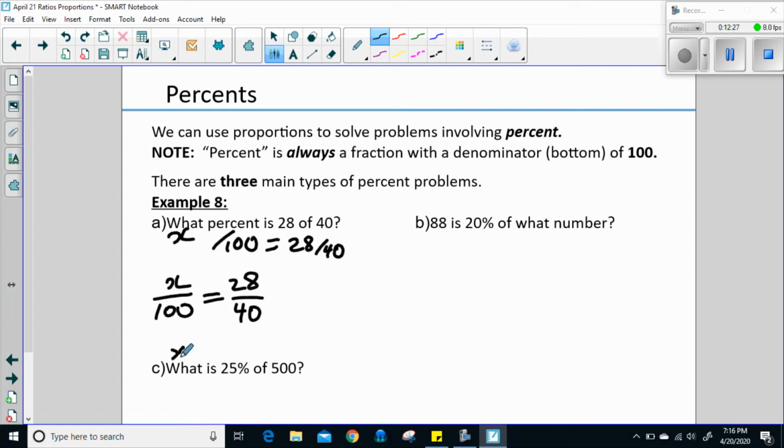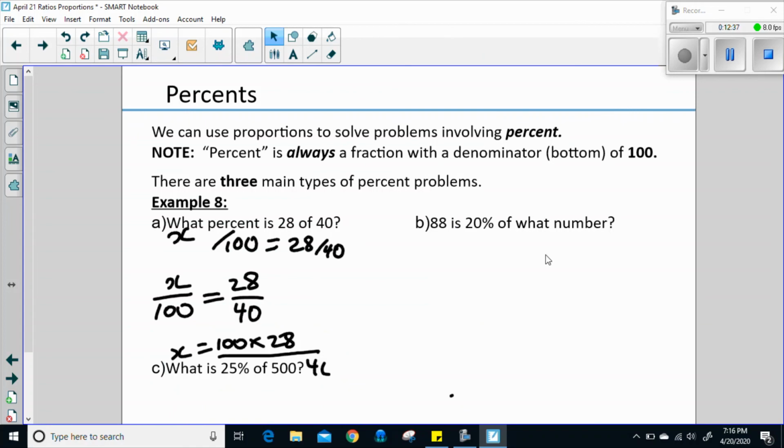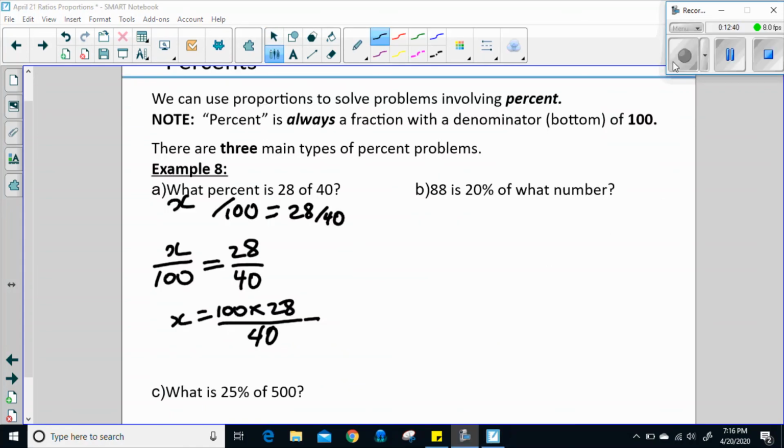So we end up with x is 100 times 28 divided by 40. Okay, so let's solve that. 100 times 28 divided by 40 gives me an answer of 70. So that means 70% is my answer.